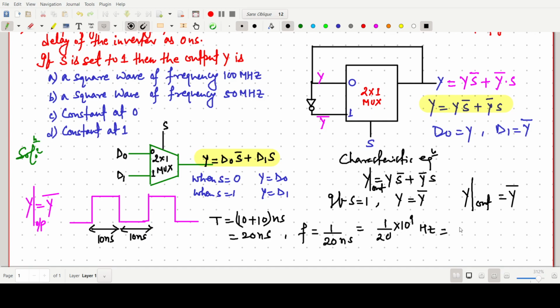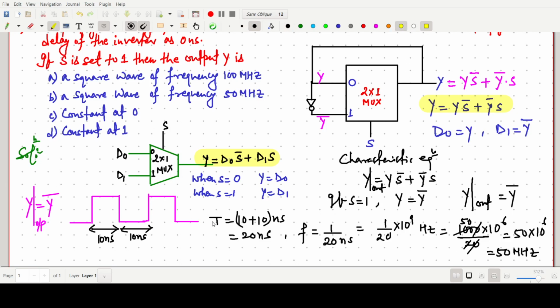So one can also write 10 to the power 9 by 20, which is 50 into 10 to the power 6, that is 50 megahertz. So the frequency of the output will be 50 megahertz, and this is nothing but a square wave of frequency 50 megahertz.